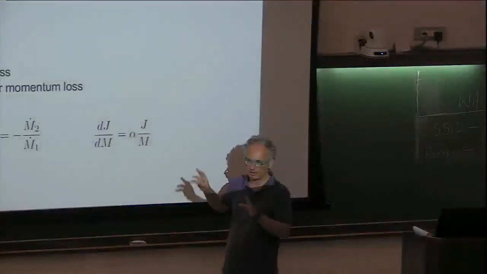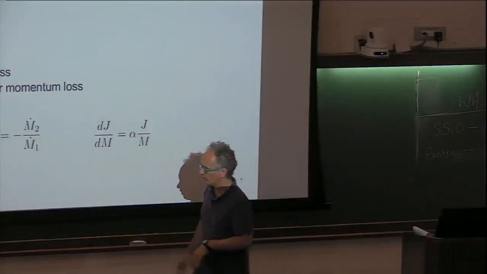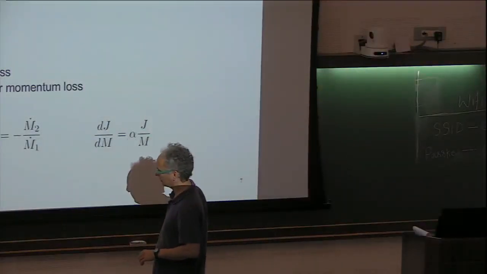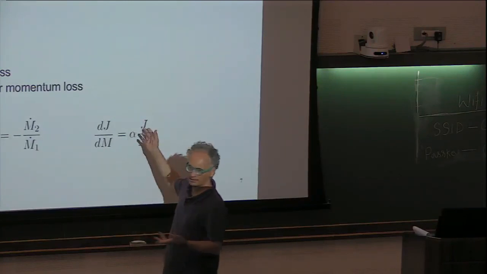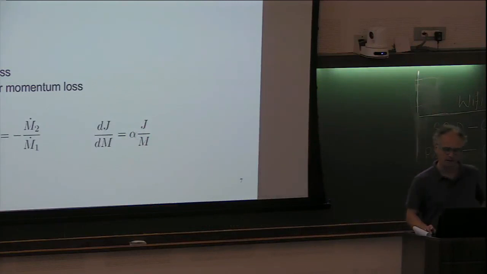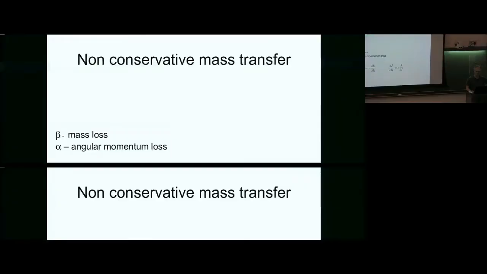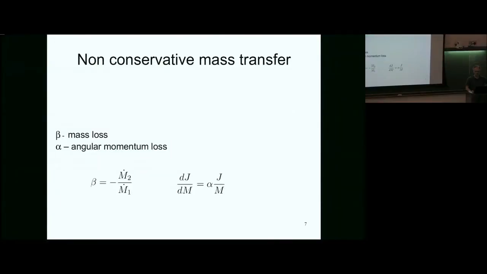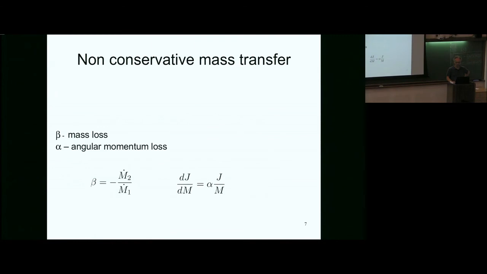The way to parameterize the angular momentum loss is, like many things here, a matter of art and not an exact science, because you just have to feel and think how this operates in a particular astrophysical situation.